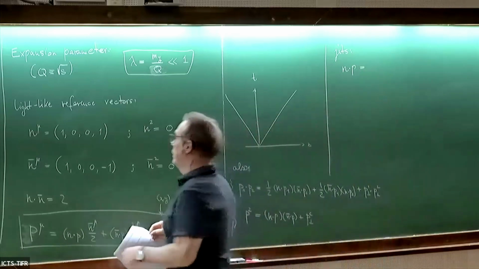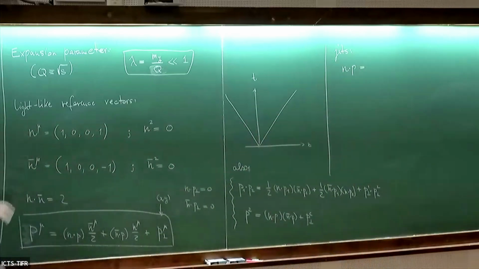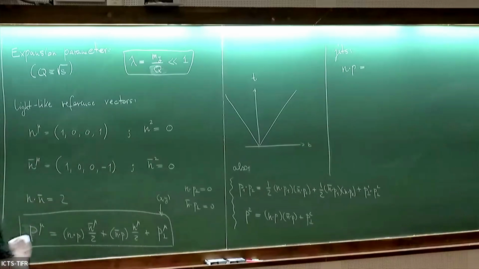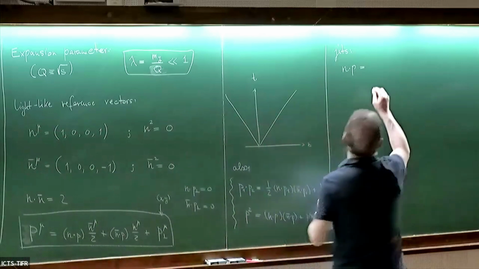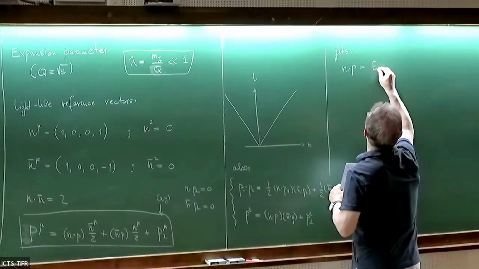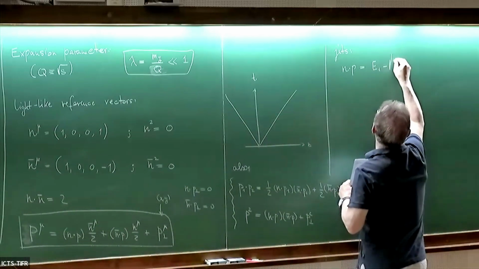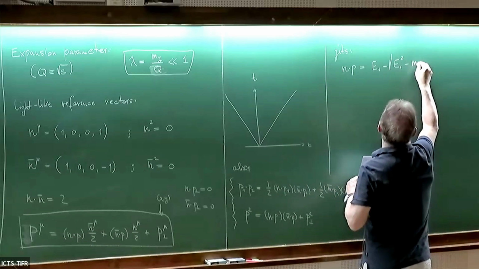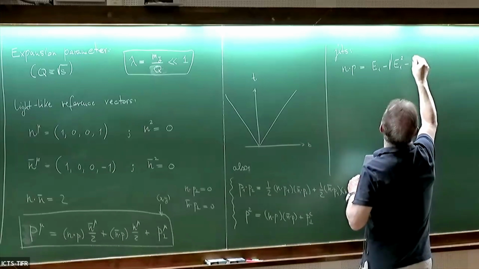We have to take the dot product of this light cone vector with this 4 vector. Remember that the Minkowski metric has a minus sign in the spatial components, so we get 1 times E1 minus 1 times the square root. So we get E1 minus square root of E1 squared minus mj1 squared.